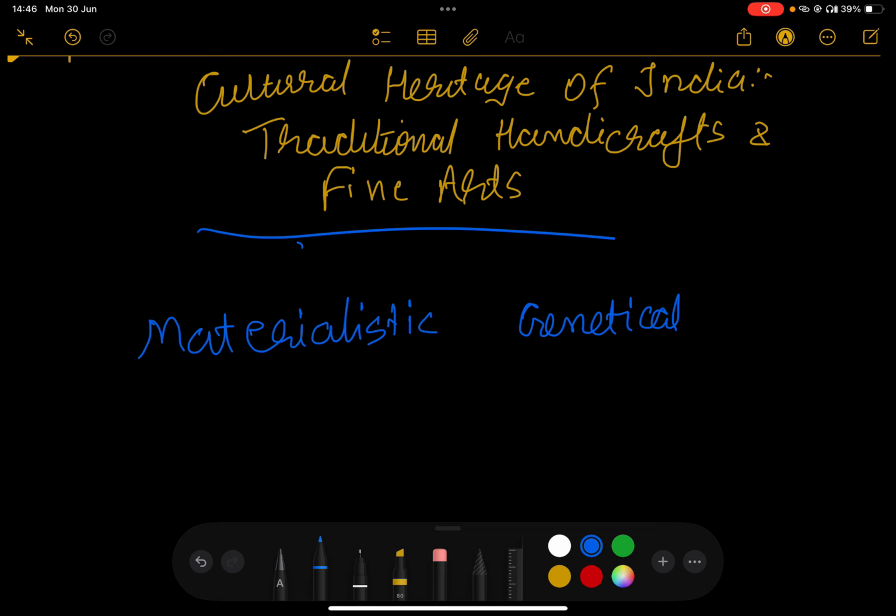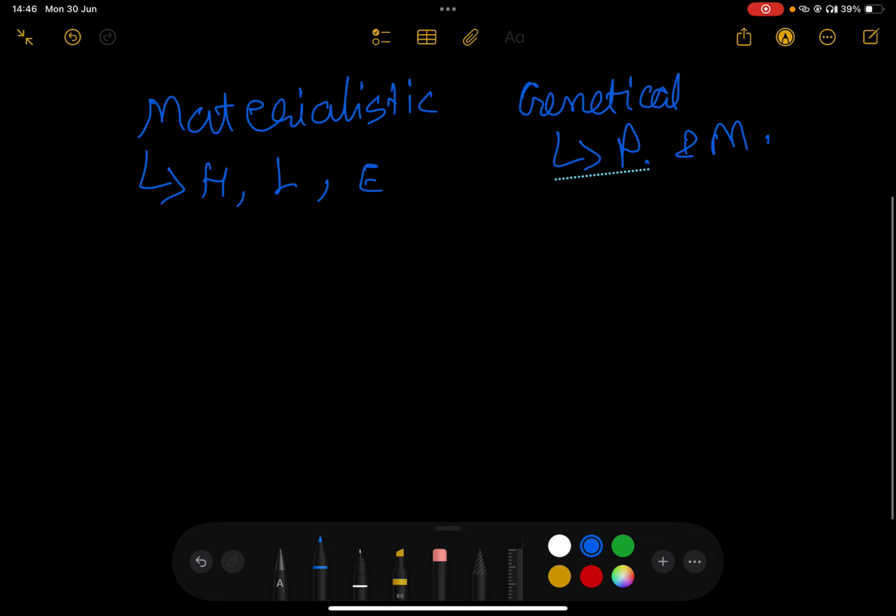A child inherits physical and mental characteristics from the parents by birth, which is known as genetic inheritance. Whereas house, land, estates, like property, etc., obtained from ancestors is called material heritage.